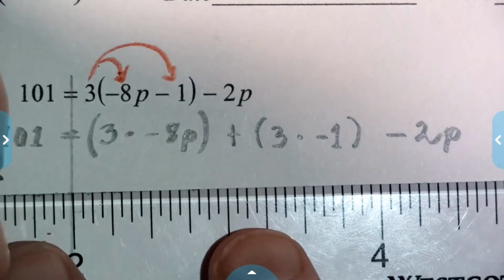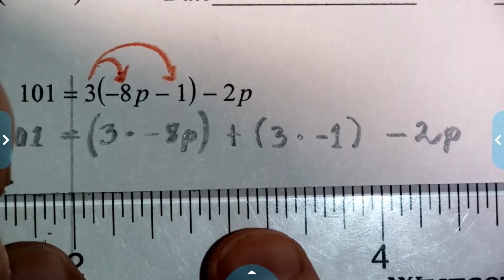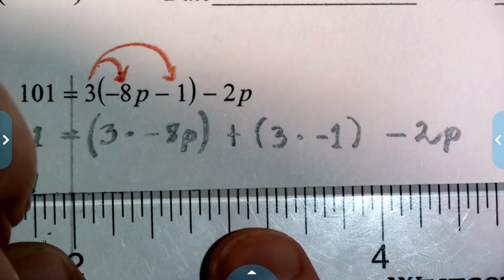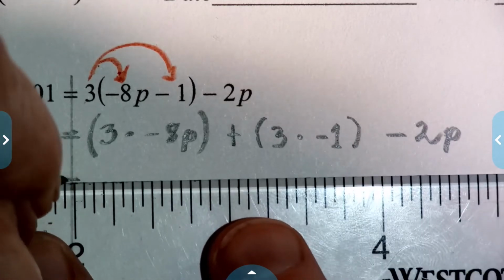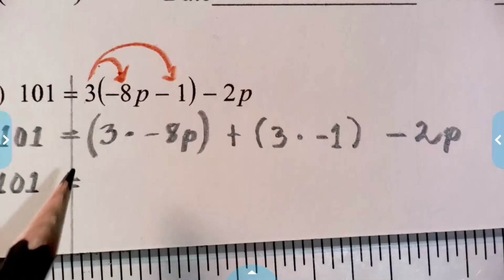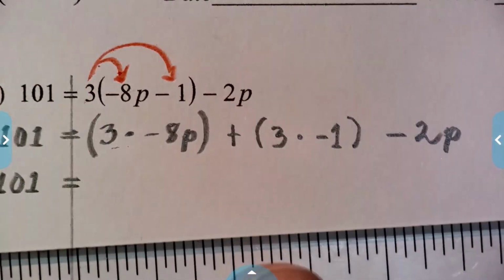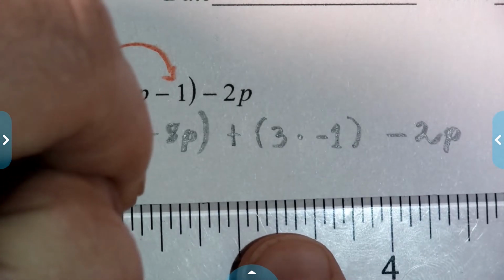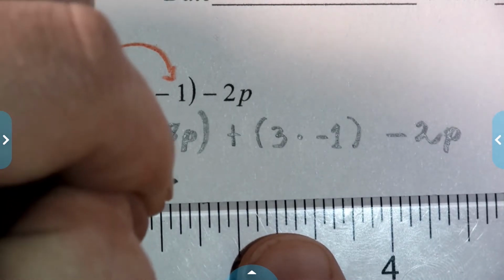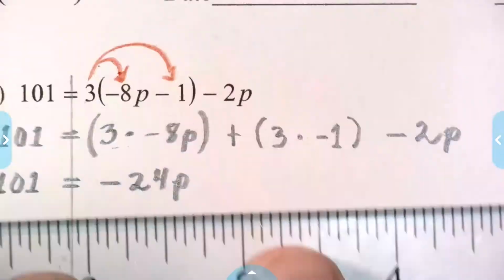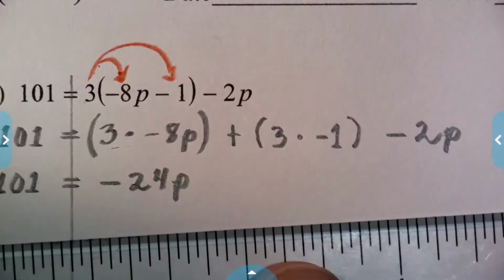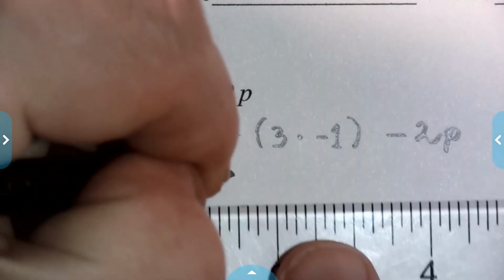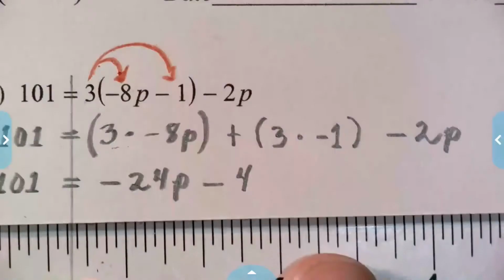Okay, so let's keep going. We've got 101 over here. Nothing happens to this just yet. Equals. Now 3 times -8p is -24p. 3 times -1 is -3.